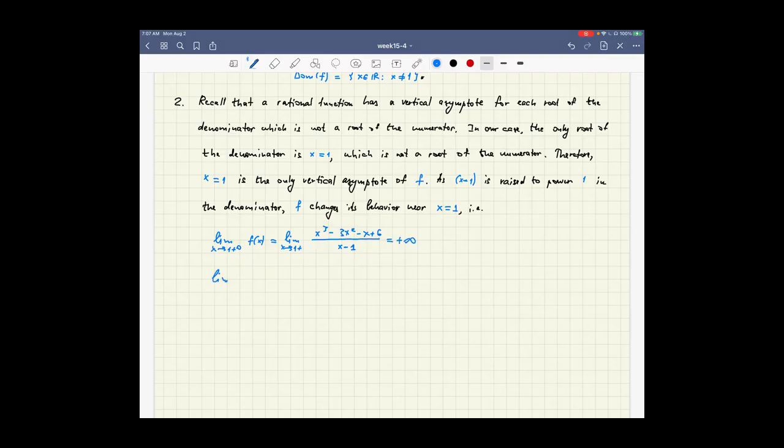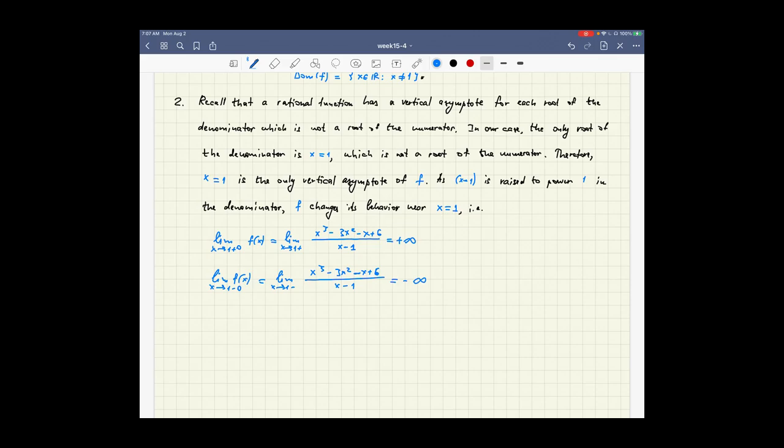And if you compute the limit of f as x approaches 1 from the left, it will be negative infinity.